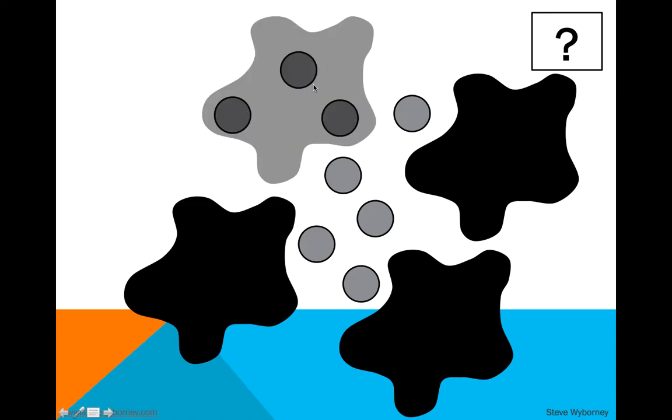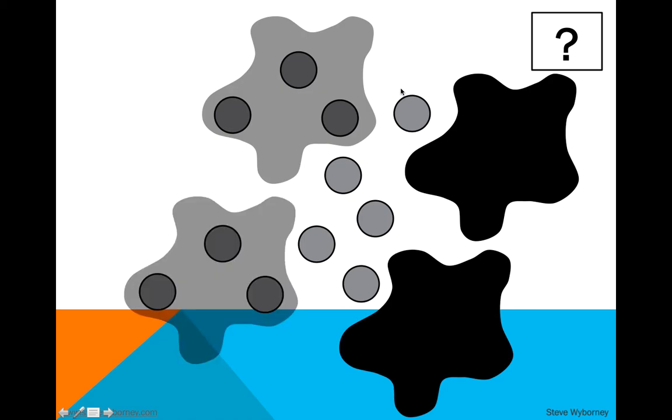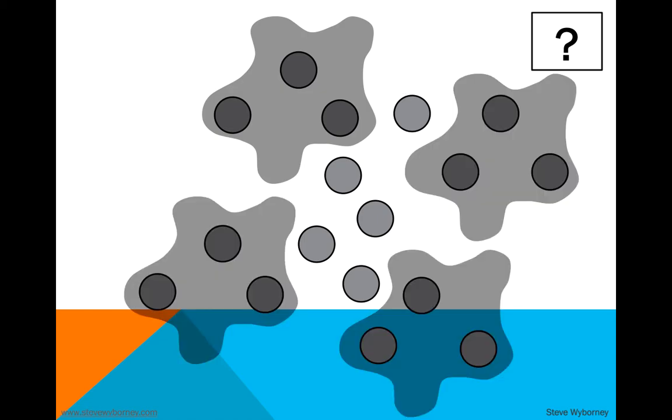There are 3 here, which means there are also 3 here, 3 here, and 3 here. So you have 3, 3, 3, and 3. 3, 6, 9, 12. 3 times 4 is 12. So if you have 12 plus the 5, what's the total? Did you get 17? Good.